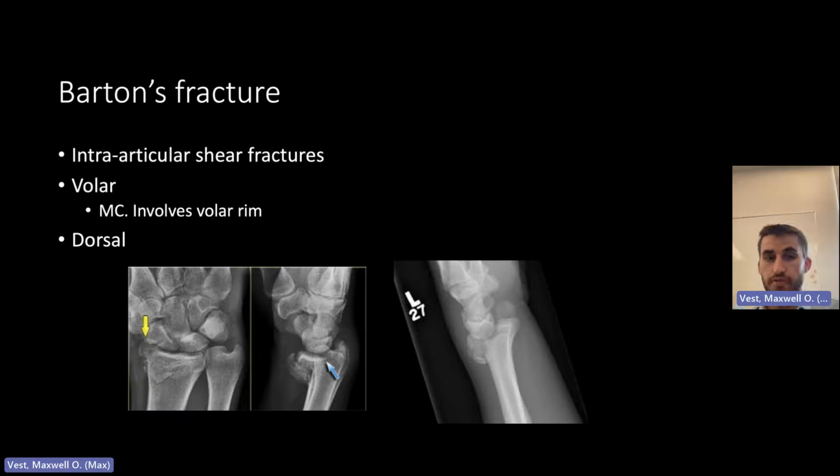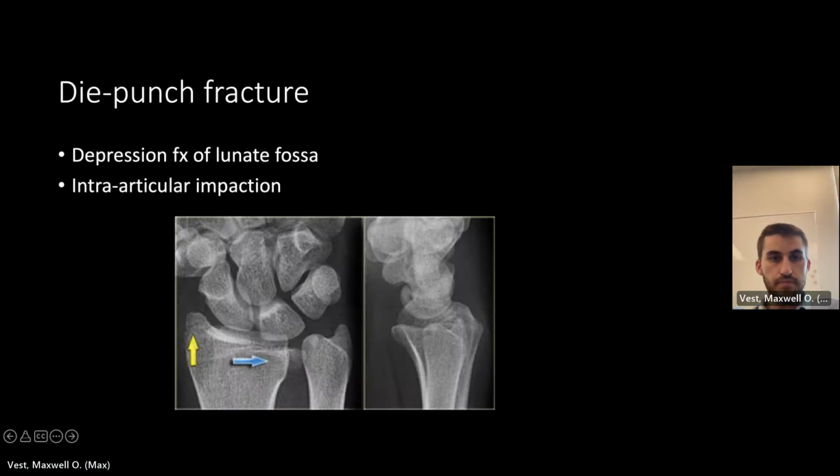Then there is a Barton's fracture, which is an intra-articular shear fracture. You can have a volar Barton's or a dorsal Barton's. Volar is the most common, as demonstrated in the radiographs right here, and you can see these are essentially an intra-articular split and can involve the volar rim of the distal radius or the dorsal, as shown in the radiograph here.